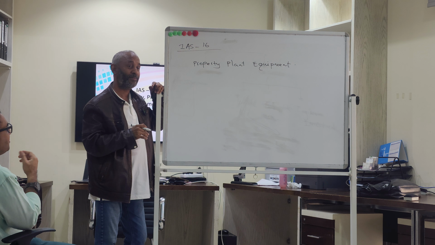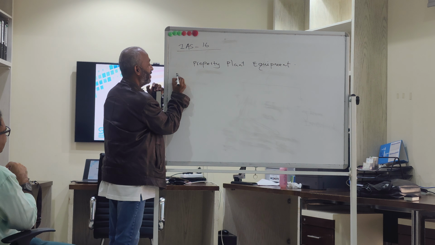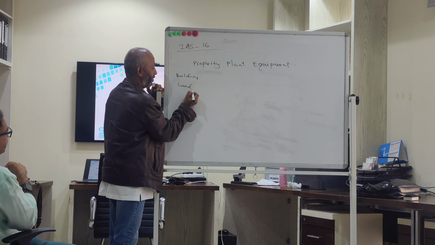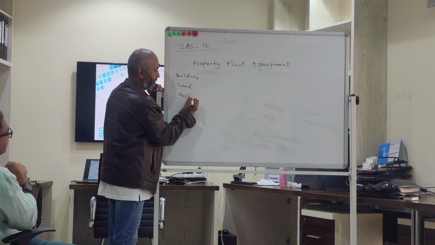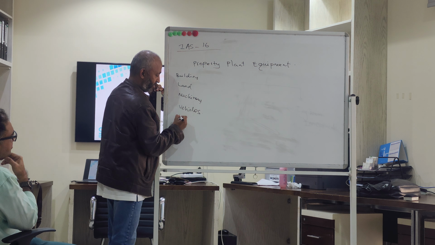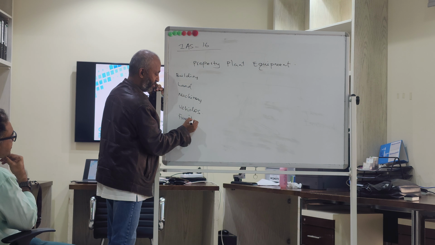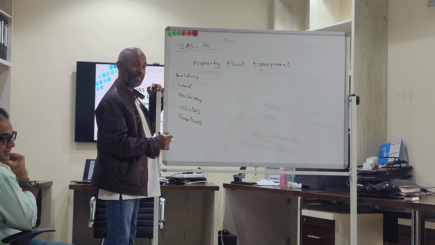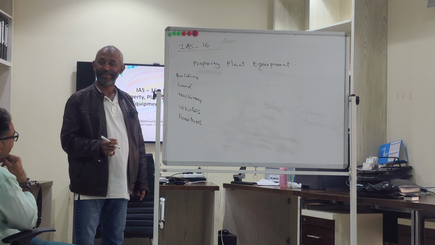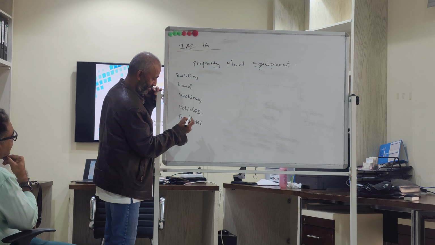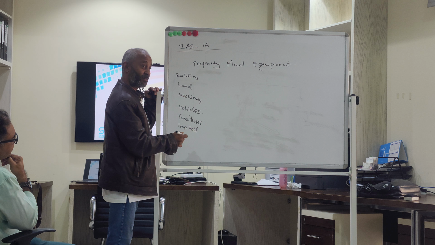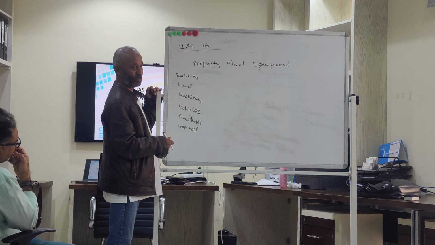Buildings. Land, machinery, vehicles, furniture, computer equipment, leasehold improvements. MashaAllah. Effort is not given, you have to have effort. That's good. She at least used the mobile for that purpose.